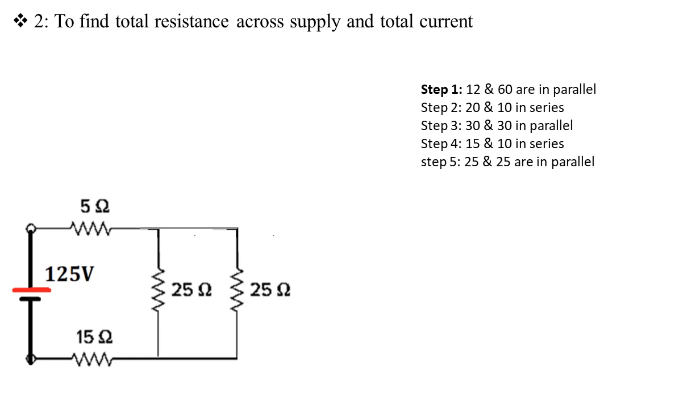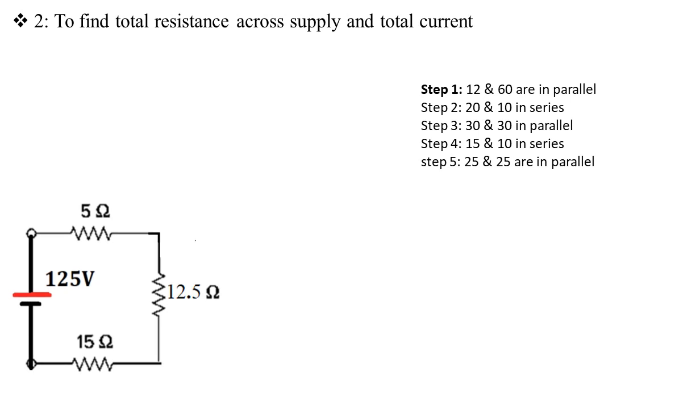If I have three 25 ohms in parallel, it becomes 25 by 3. If I have 10 25-ohm resistors in parallel, the shortcut, as we discussed in class, is 25 by 10, which is 2.5. In this case, it is 25 by 2, which is 12.5.